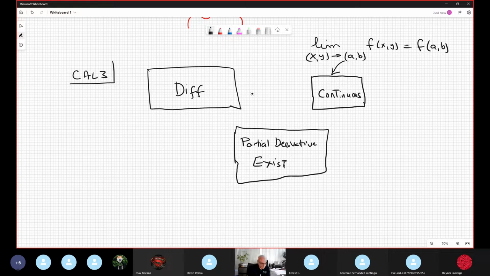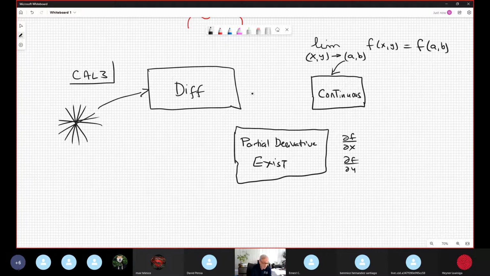Continuous. Now, partial derivative, well, you know, is partial derivative with respect to x and partial derivative with respect to y. As you need to guarantee complete, full differentiability, you need the directional derivative to exist. This is the idea of this.